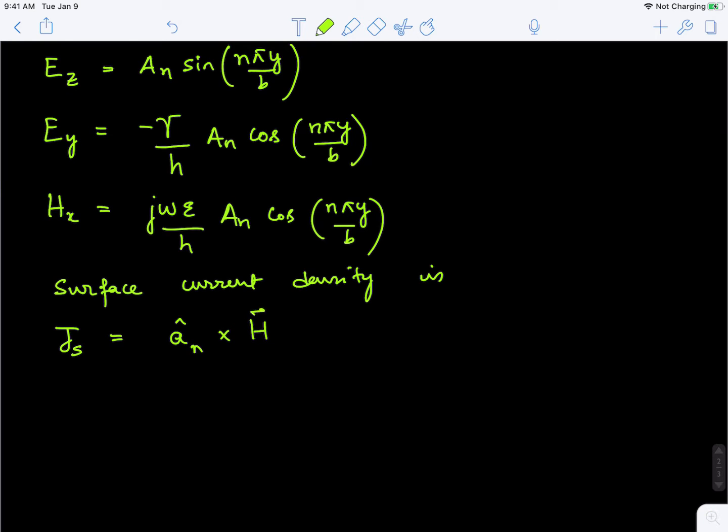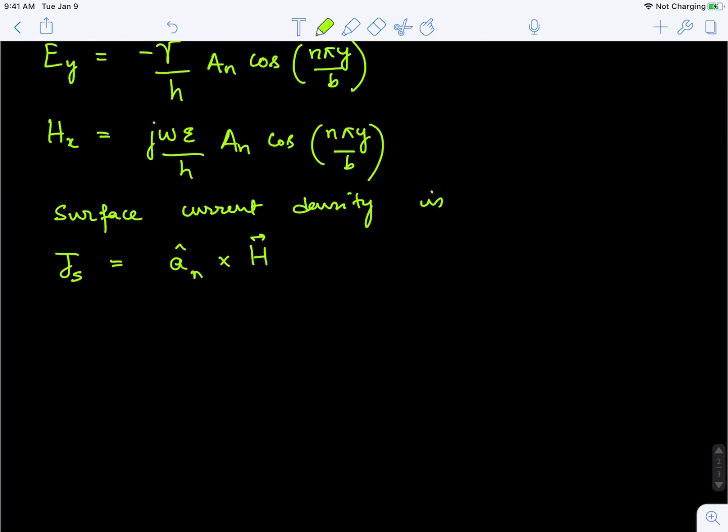Okay, now we have two surfaces. If this is the upper plate, the upper plate has one direction and the lower plate has another direction for its outward normal.